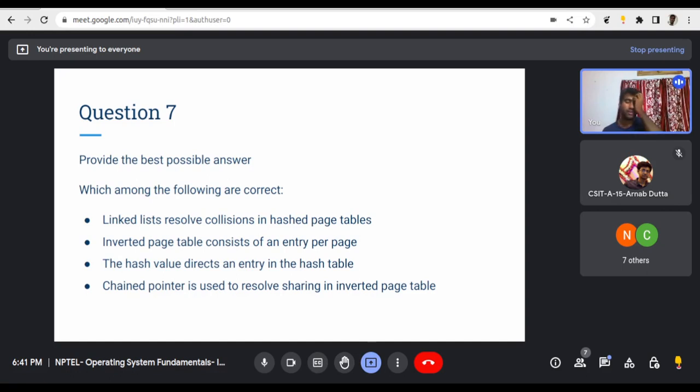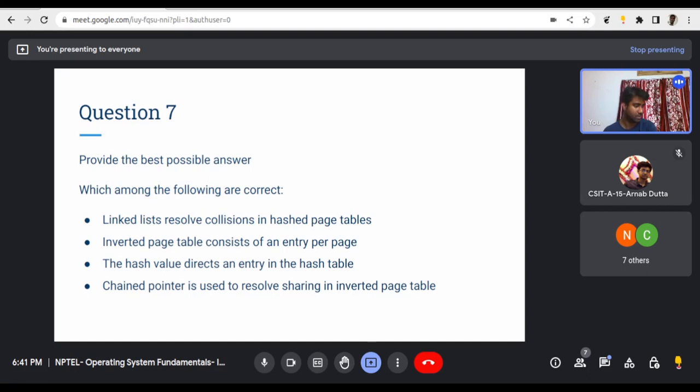There may be multiple entries, so it creates pointers to those entries for the multiple processes that are sharing that part of the main memory. Okay, so it actually looks like the chaining process of the hash table when there is a collision. So anyway, I diverge. Let's get back to this question.